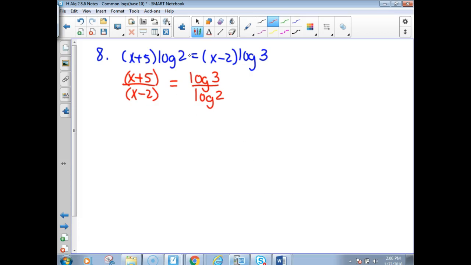Now, remembering that this is just a number, we can go ahead and evaluate log of 3 divided by log of 2. I already calculated it, 1.585. I'm going to go 3 places.